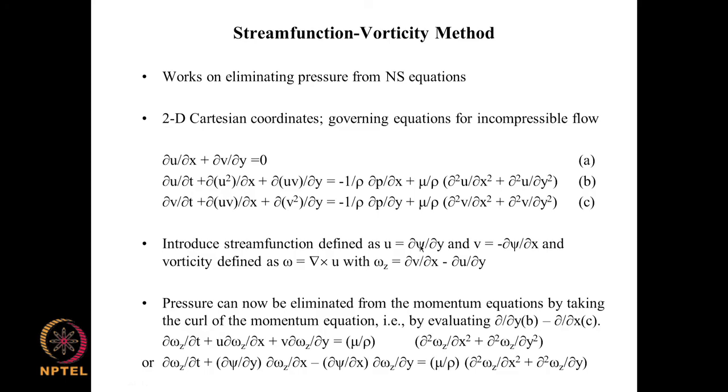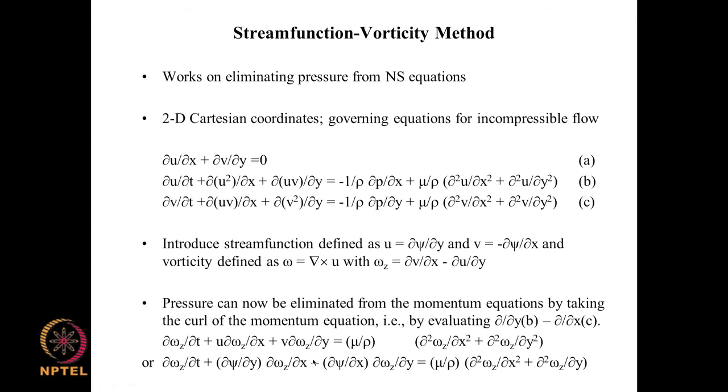For example, if you substitute this, you get dou square psi by dou x dou y, and if you substitute this one, you get minus dou square psi by dou x dou y. So dou square psi by dou x dou y minus dou square psi by dou x dou y will be equal to 0. So the definition of stream function is such that the continuity equation is satisfied.